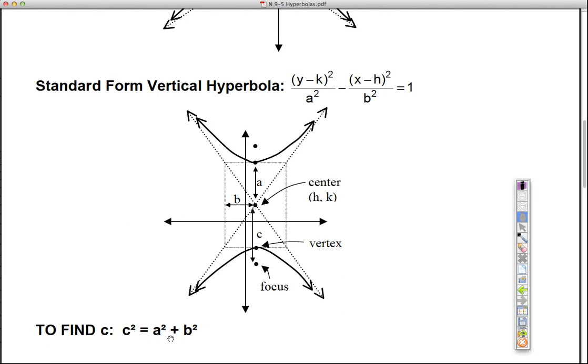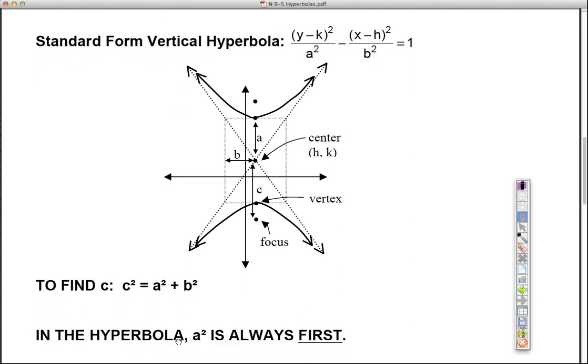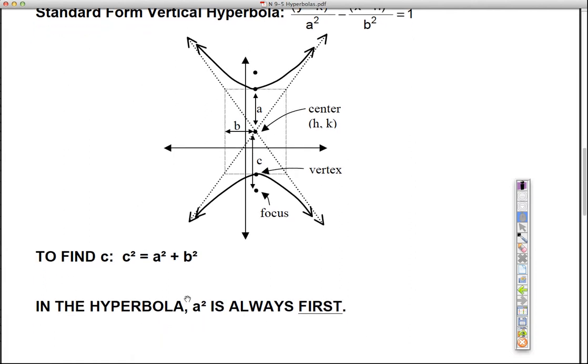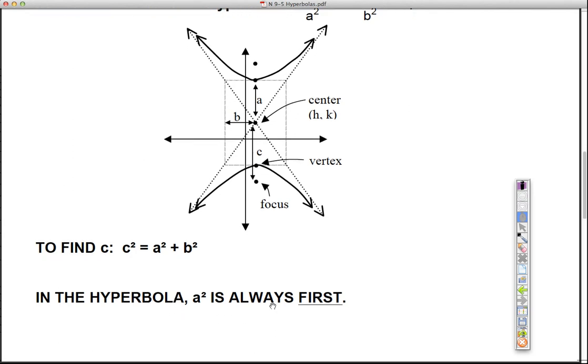Also, in the hyperbola, the a squared is always listed first. In the ellipse, the a squared was always the biggest. So it's different. The formula looks very similar to that of an ellipse, so you have to be careful not to get them confused.